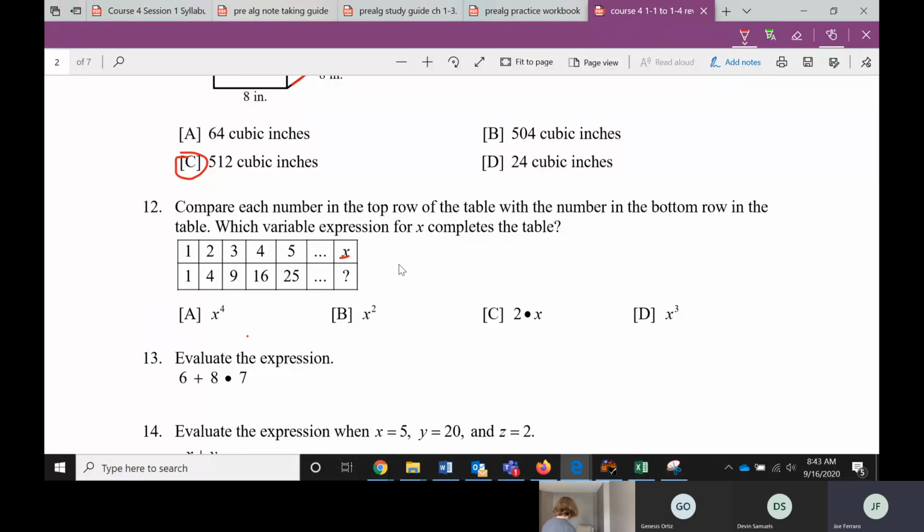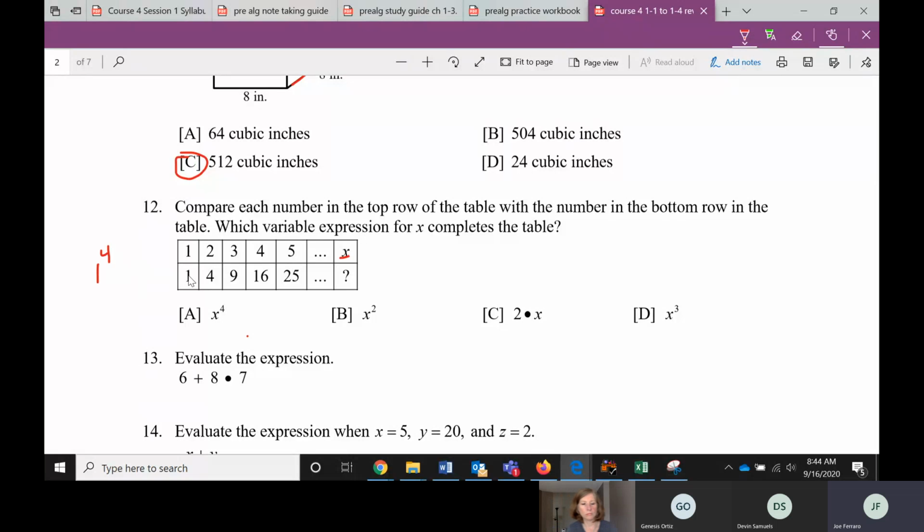What you need to do is go through these, and there's a couple different ways. You might be able to just look at it and know it. Perfect. You circle an answer and move on. If not, you just start trying the choices. So x to the fourth. If I take the top number, take it to the fourth power, do I get the bottom number? In this case, 1 to the fourth means 1 times 1 is 1 times 1 is 1 times 1 is 1.